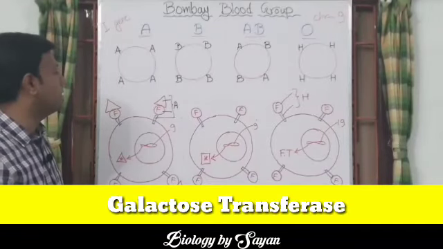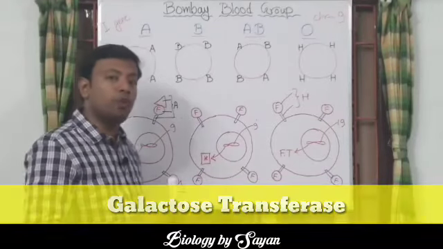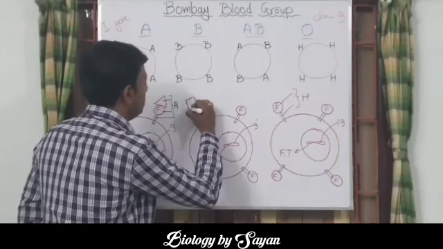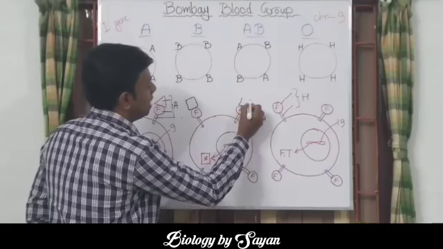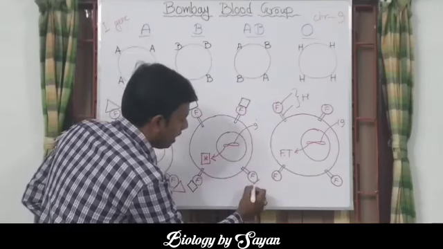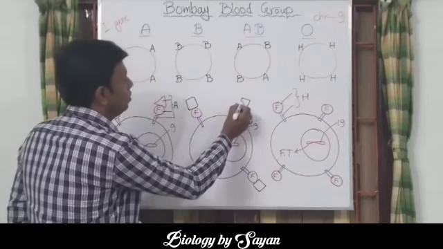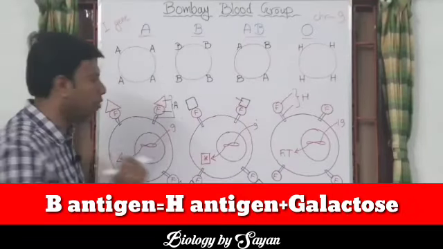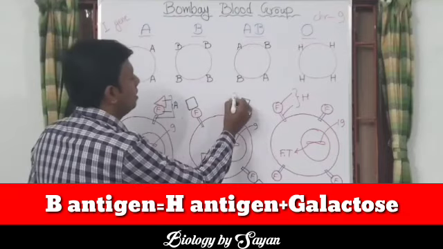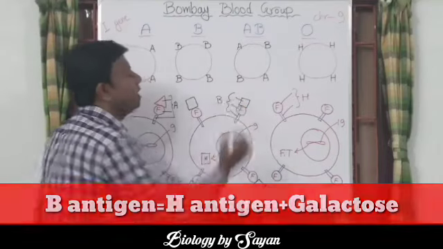This particular enzyme will then transfer a special monosaccharide unit on the top of this pre-existing H antigen. So this complex structure is known as B antigen. So galactose, fucose and oligosaccharide together are known as B antigen.